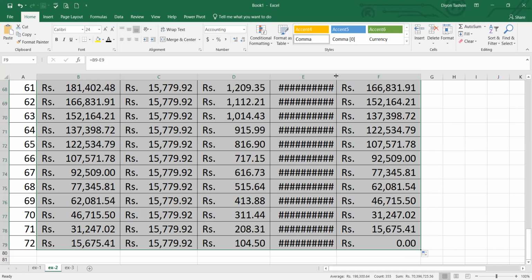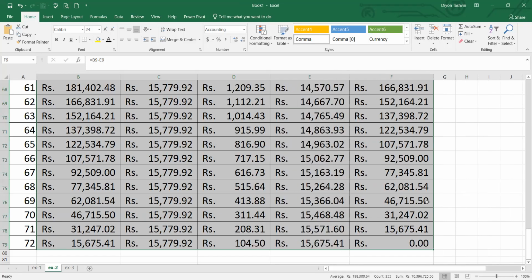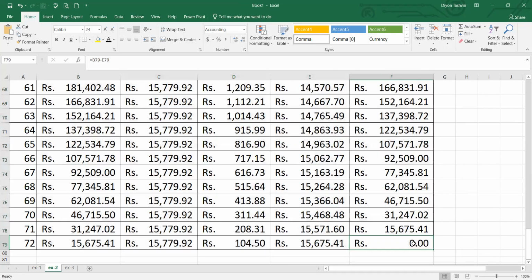When I drag it up to the end of the period, you can see the ending loan balance will be 0 at the 72nd period. Which means my arithmetical calculation in this Excel is correct.